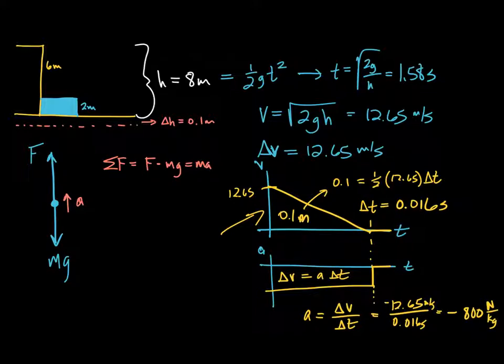So realize that a 100-kilogram person, their weight is going to be basically 1,000 newtons. So the force of impact that this person feels in crunching into the ground is essentially like double their own weight. I don't want to experience the force of double my own weight.